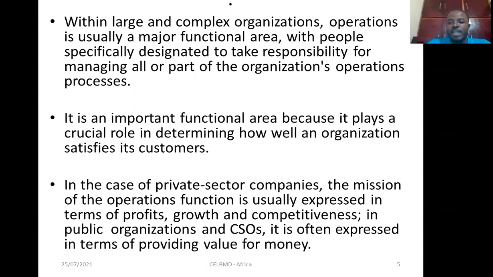For a public organization, let's look at something very close: the Cameroon Development Corporation, the CDC. It's an agribusiness owned by the government of Cameroon. The essence is to ensure that food security becomes reliable, stable, and that food is available and affordable for people resident within the national territory.